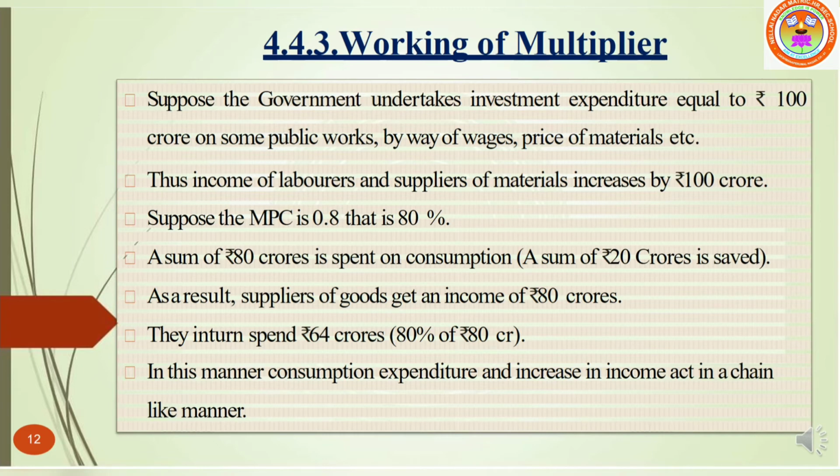This will be immediately spent on consumption goods, which will lead to an increase in production and income by the same amount, and so on. The process reveals that an increment of rupees 100 crores of investment in the primary round leads to the same increase in income. Of this, rupees 20 crores are saved and 80 crores are spent on consumption, which goes to increase income by the same amount in the second round.